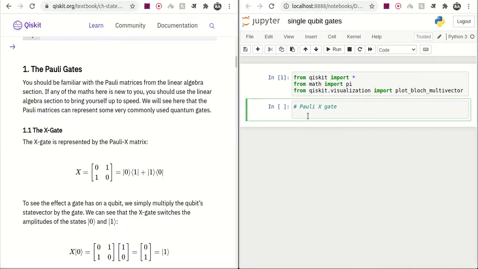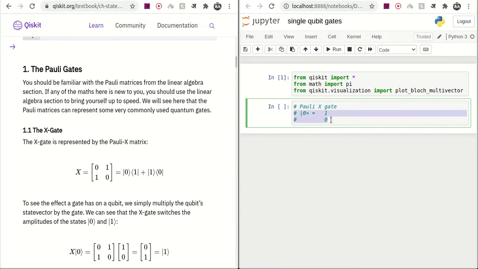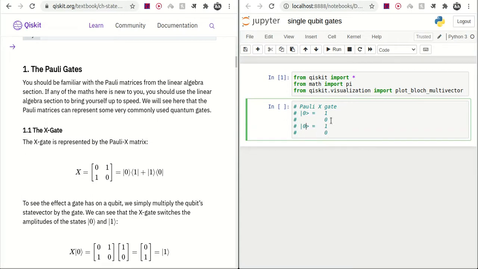So what does an X gate do? We know that our zero state is given by 1 0 and our one state by 0 1.